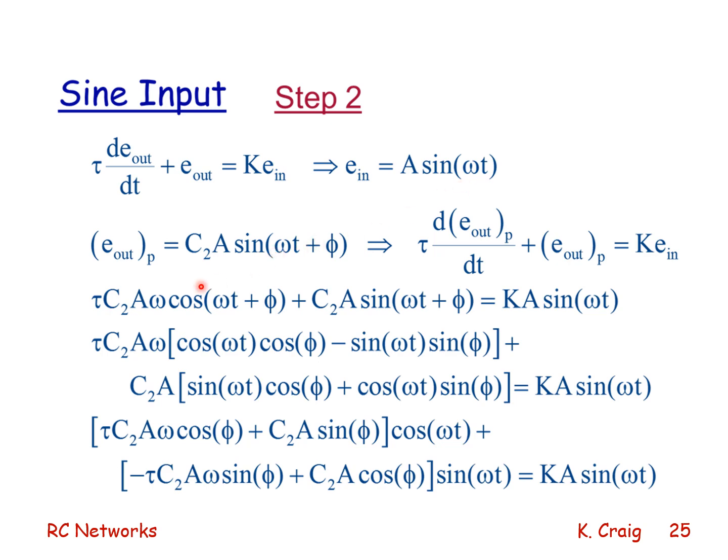So I assume that the particular solution is some constant times A sine omega t plus a phase angle phi. I then have to substitute this into my differential equation, which means I have to take the derivative of this particular solution, substitute in the particular solution, and then solve for phi and C2, which I will see are functions of omega.